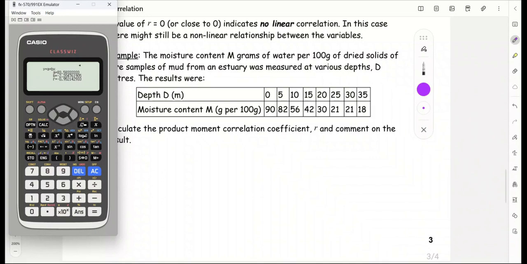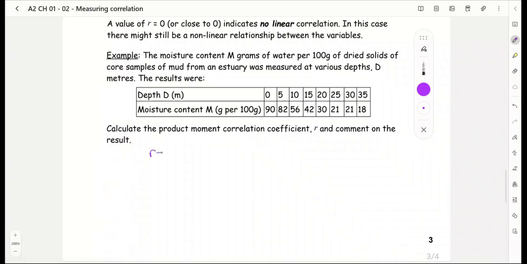Once you're taken to that, you're taken to some summary values. The number that we are interested in at the moment is the R value. And the R value is minus 0.952 to 3 significant figures. So that R value of minus 0.952, that is very close to -1.